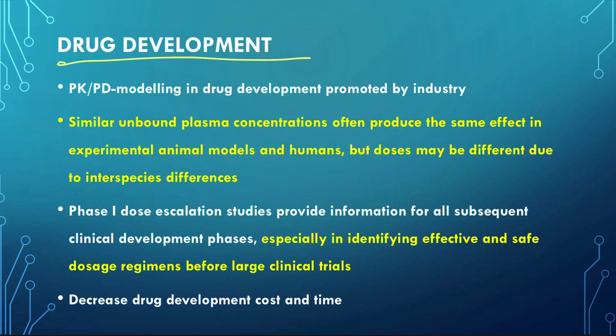Mainly we are using it in phase 1 dose escalation studies, and it will provide us information which will help us to design the subsequent phases in the clinical trials, that is before we are recruiting a large number of individuals. So this decreases the drug development cost and time drastically. That's why PKPD modeling is used in drug development.